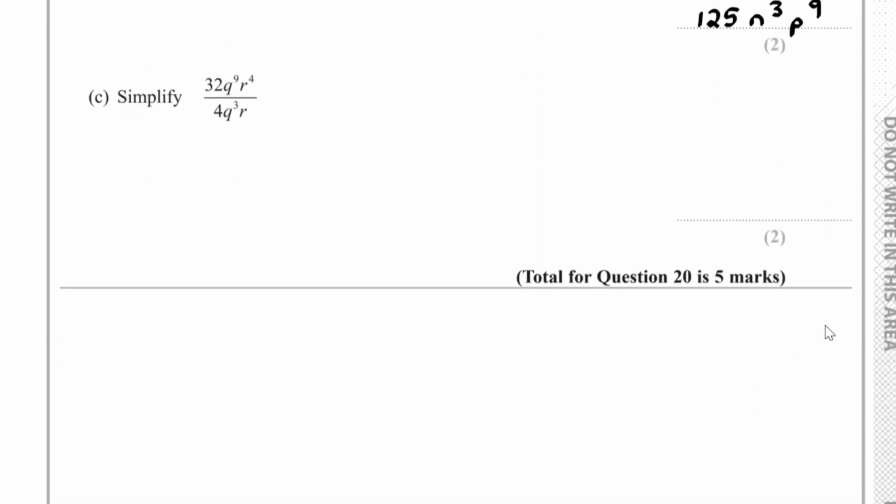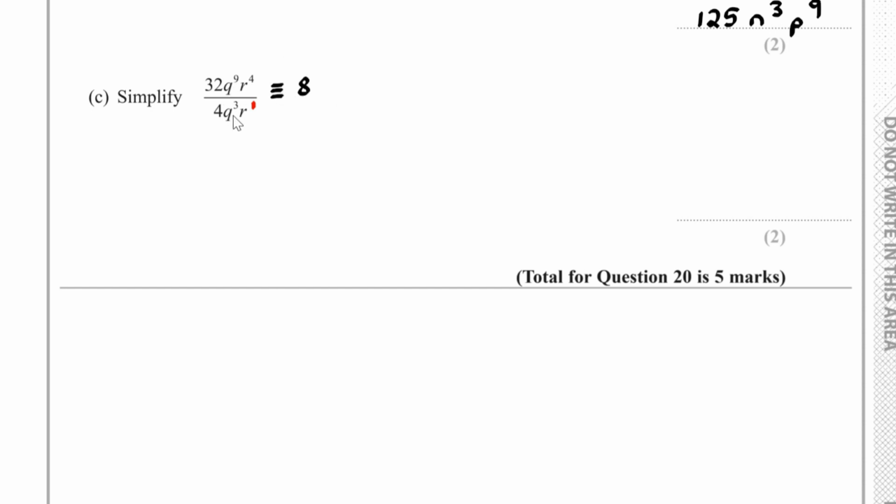And then for part C, we have to simplify 32q to the 9 r to the 4 divided by 4q cubed times r. Now r is the same as r to the 1, and the reason I'm writing this as r to the 1, well, 32 divided by 4, that's 8, and then we subtract the powers when we're dividing with the same base.